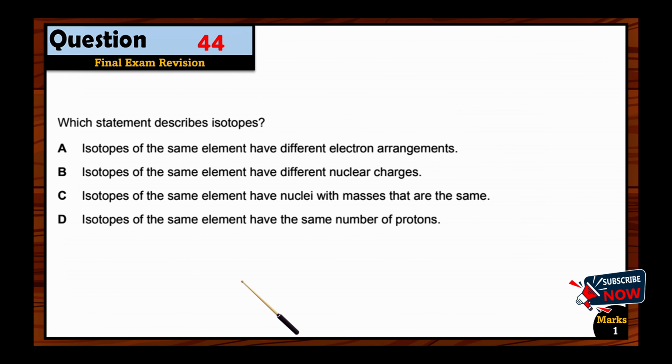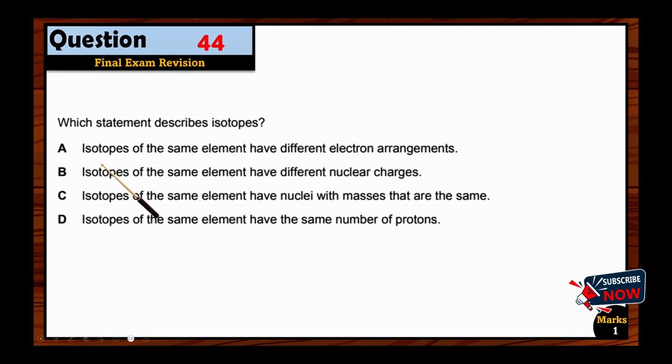Question number 42. Which statement describes isotopes? Isotopes are atoms of the same element that have the same proton number, but they have different neutron numbers. Now let's see. Isotopes of the same element have different electron arrangements.